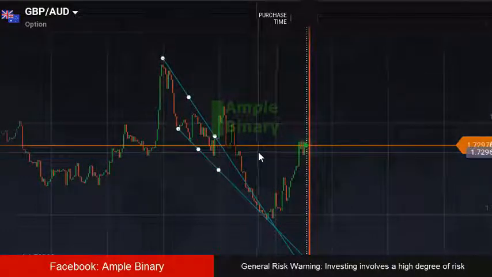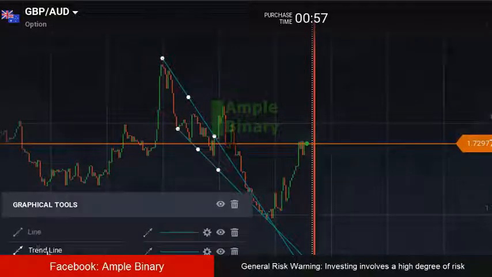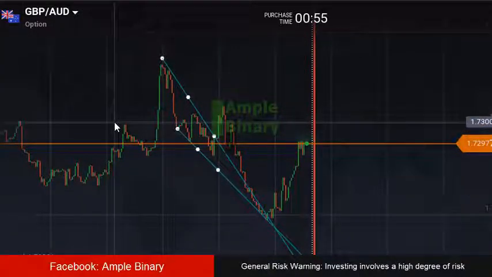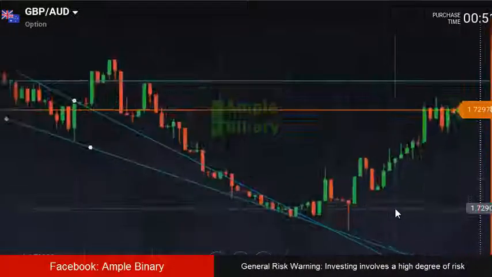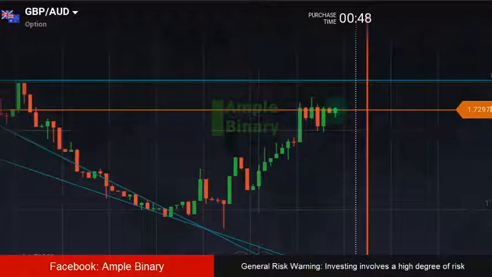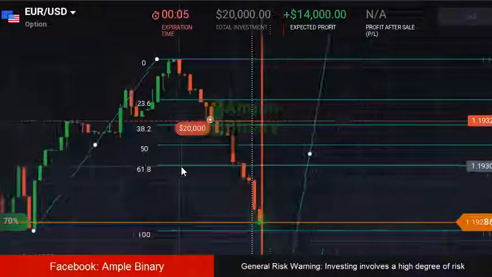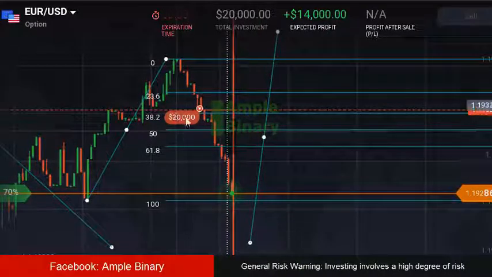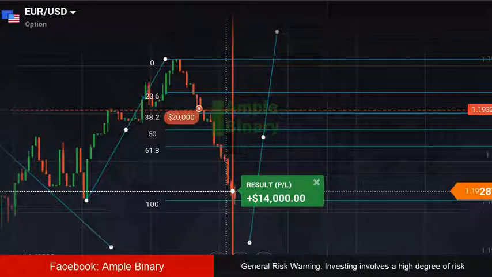It's an uptrend we have over here. So you can see it's still going down. When it hits 61.8, it just means we're gonna go down to 100.